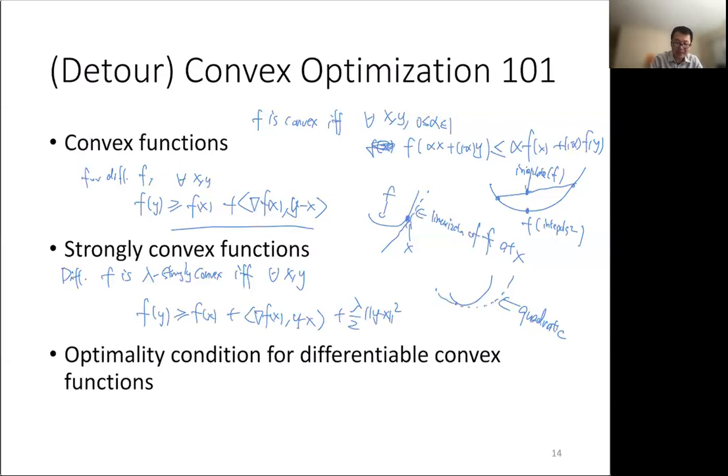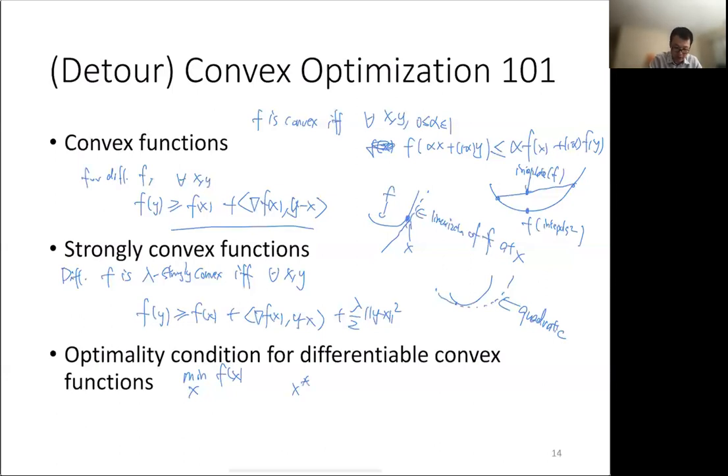In convex optimization, this is about finding the optimal solution that minimizes this function of x when x belongs to a convex set. What this says is that in unconstrained optimization, the optimal solution of this convex optimization problem is characterized by the gradient of this function.